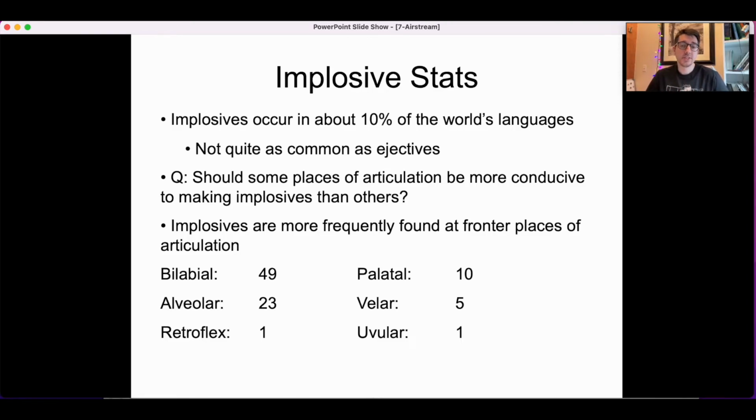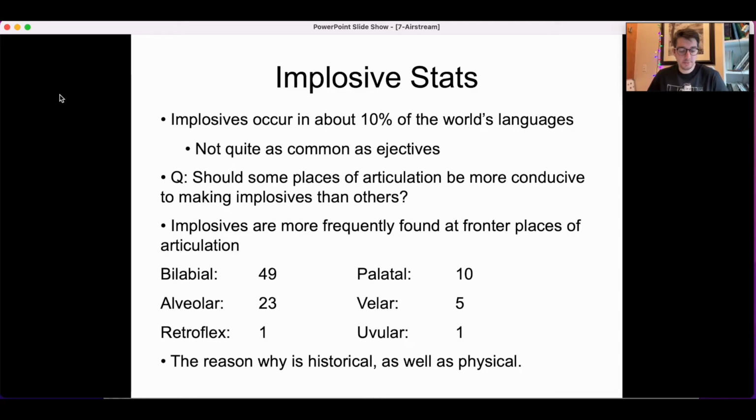So one of the reasons might be because bilabials are derived historically from those voiced plosives, like b, d, right? And this is just a historical fact. There is very little physics in why this occurs.